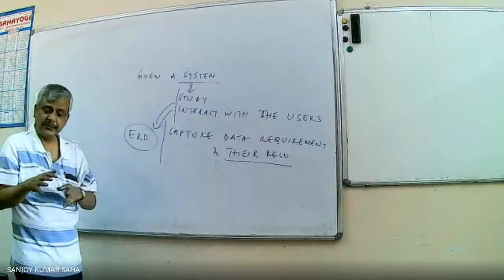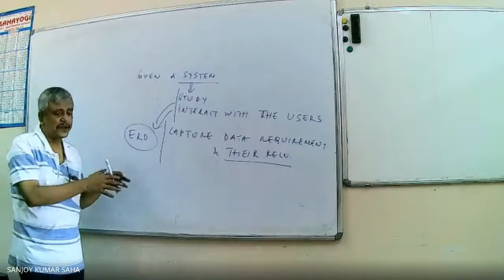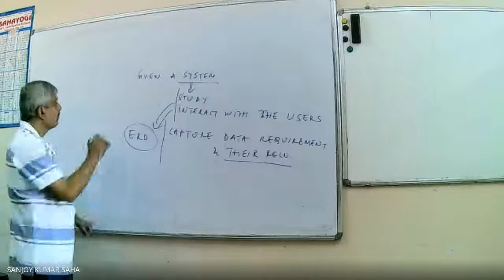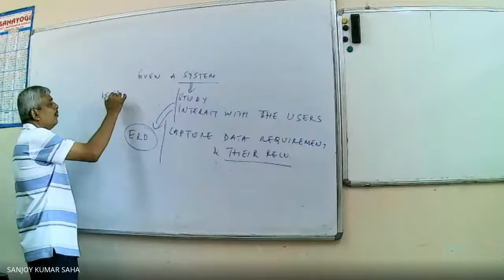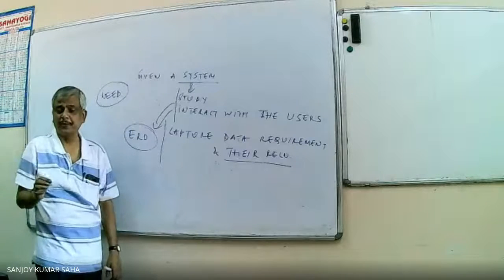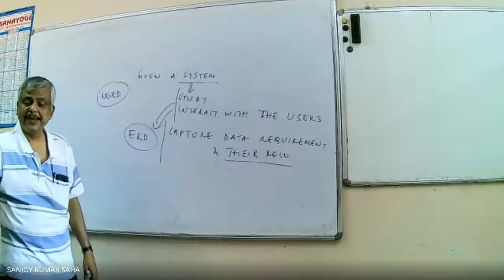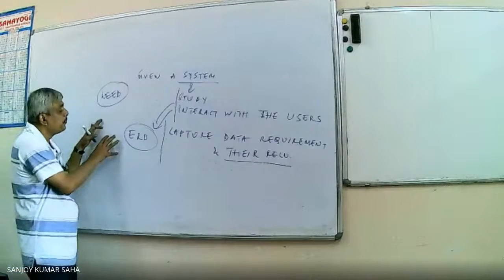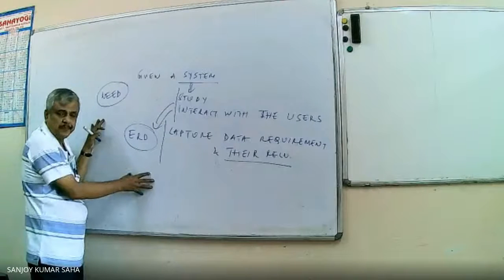We may find that there will be generalization, specialization, to cater to the need. What is the need? That is the data requirement. That means what queries we will have to support, what information I must be able to give from this system.